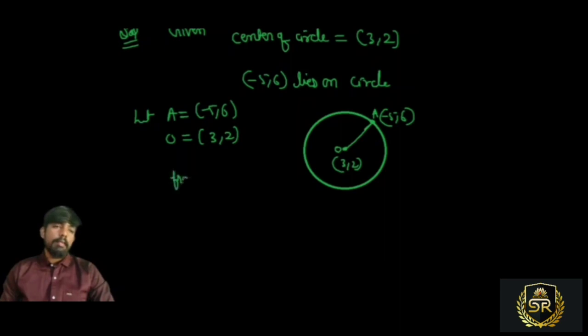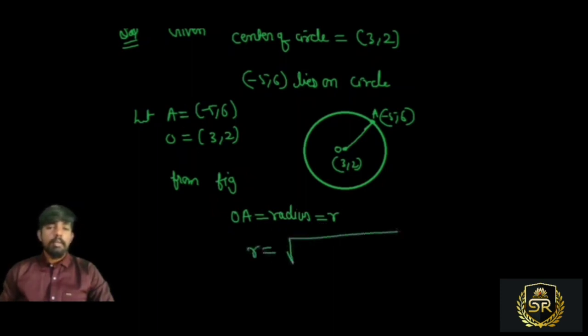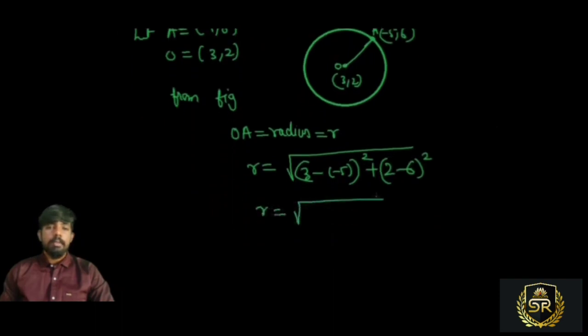Therefore from the figure we can say OA is equal to the radius, which is R. R is equal to OA, by the distance formula, root over (x2 minus x1) whole square, (-3 minus of -5) whole square, plus (y2 minus y1) whole square, (2 minus 6) whole square. So R is equal to root over (-3 plus 5) whole square, which is 2 squared, plus (2 minus 6), which is minus 4, whole square.